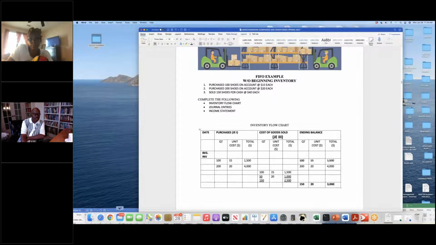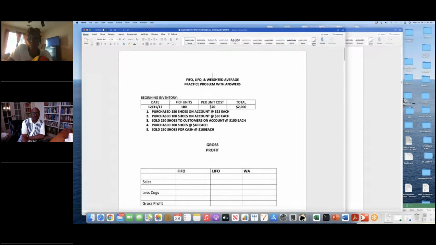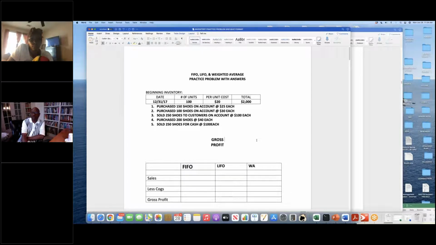So let's look at a practice problem. All we're concerned with right now is FIFO. So all you're concerned with is the column that relates to FIFO. You don't have to worry about anything else until tomorrow.